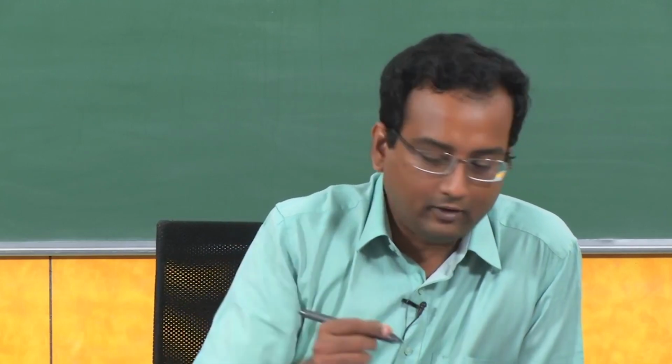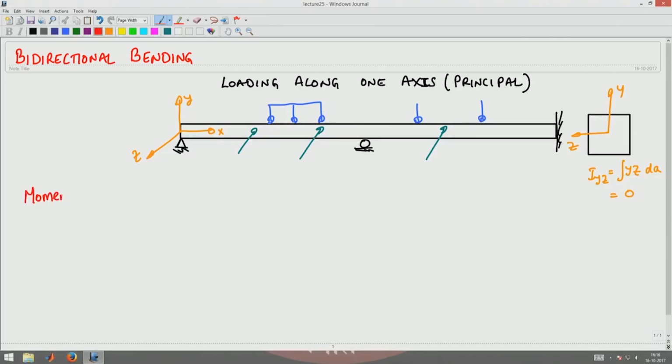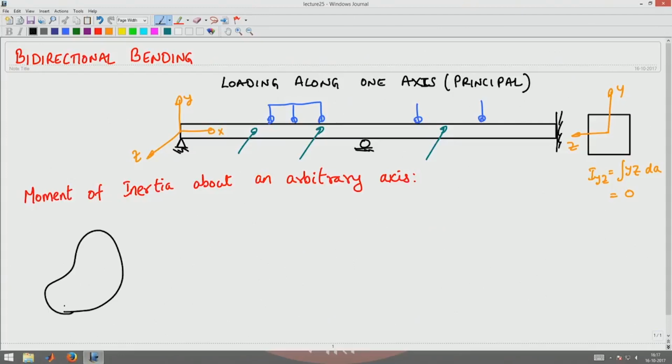Okay. So, first we are going to look at the moment of inertia about an arbitrary axis. Let me assume that the cross section is in the shape of a potato and I have some axes y and z taken like this.